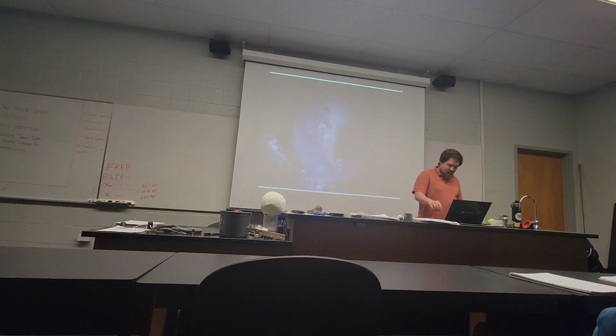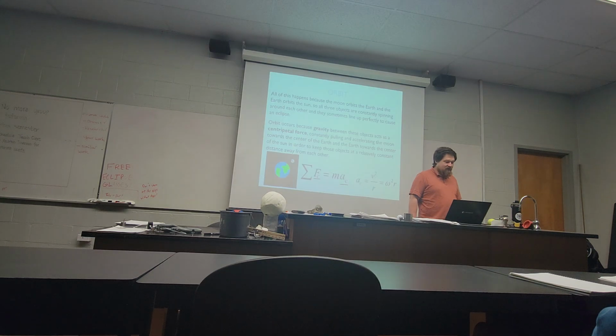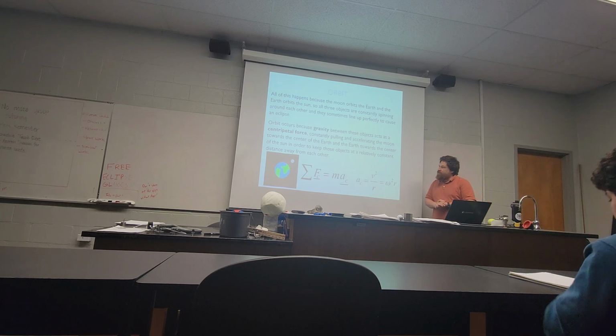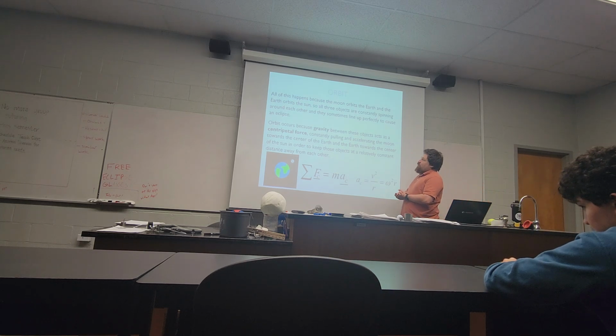All right. Now, since physicists like math and numbers, today we are going to calculate the math and numbers responsible for gravitation and orbit, since those are the two things that are required to have an eclipse. We've already talked a bit about orbit.